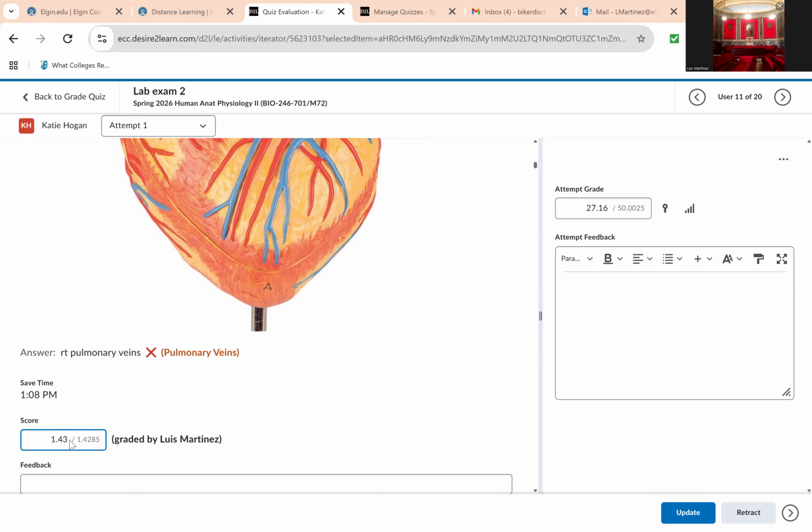That means I added those points, because when you don't answer exactly as is written here, these pulmonary veins in red in parentheses, that's the answer.